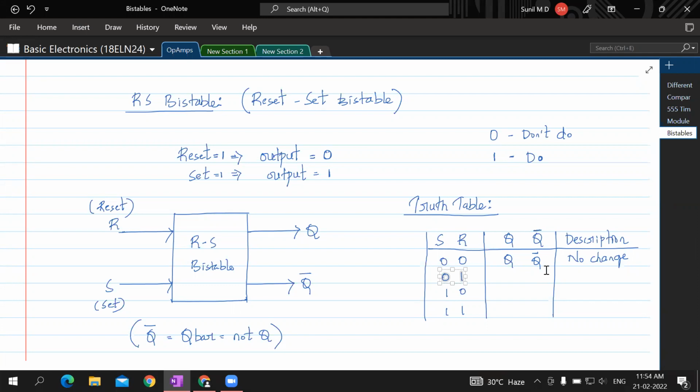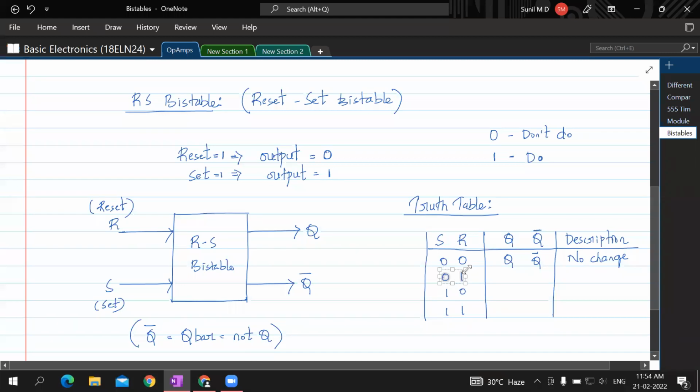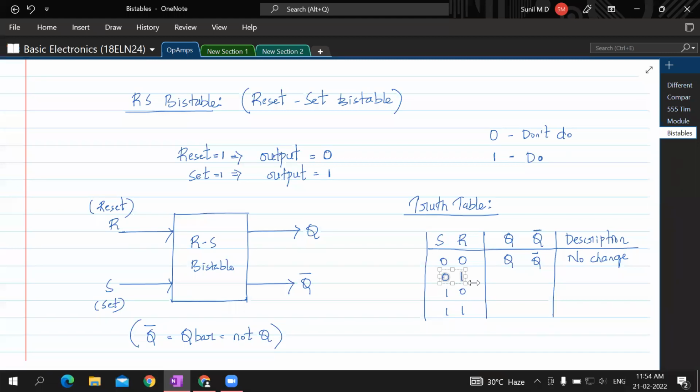When S is 0 and R is 1, what is it asking us to do and what is it asking us not to do? Don't set, do reset. Very good.